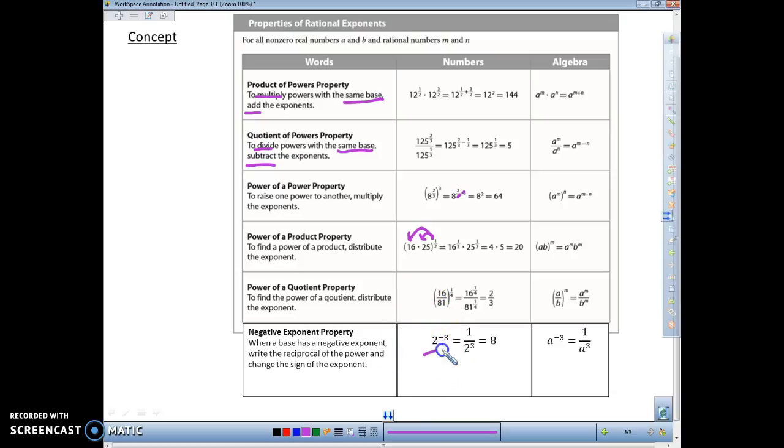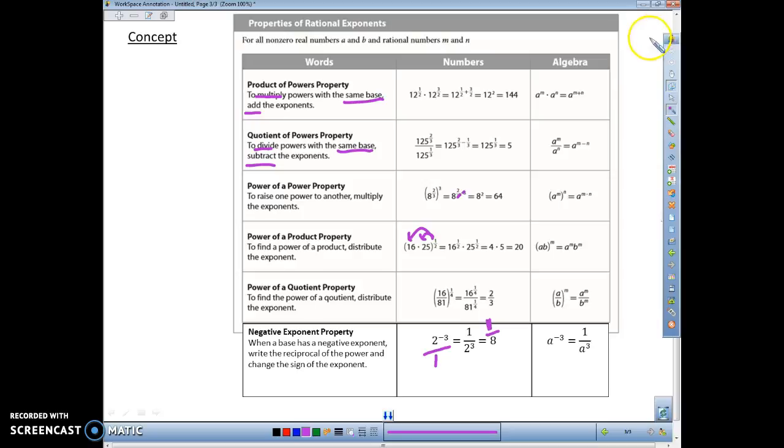So instead of 2 to the negative 1/3 over 1, it's now 1 over 2 to the 1/3, and notice the exponent now becomes positive. So now I have 1 over 2 to the 3rd power, which is 8. Actually, it should be 1 over 8. So please edit that and add that in there. I don't know what happened here. 1 over 8. Okay?